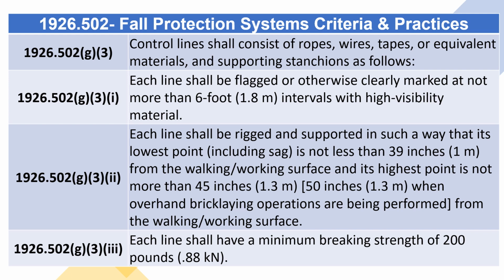Each line shall be rigged and supported in such a way that its lowest point, including sag, is not less than 39 inches (1 meter) from the walking/working surface, and its highest point is not more than 45 inches (1.3 meters), 50 inches (1.3 meters) when overhand bricklaying operations are being performed, from the walking/working surface. Each line shall have a minimum breaking strength of 200 pounds (0.88 kN).